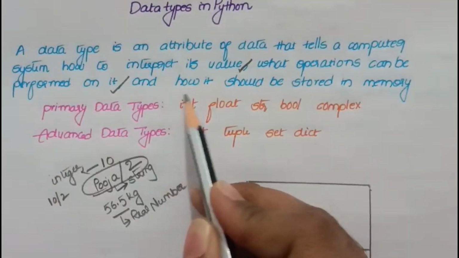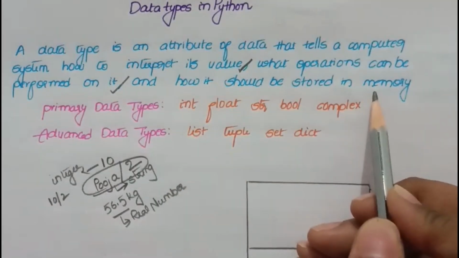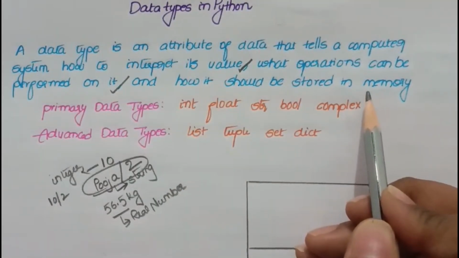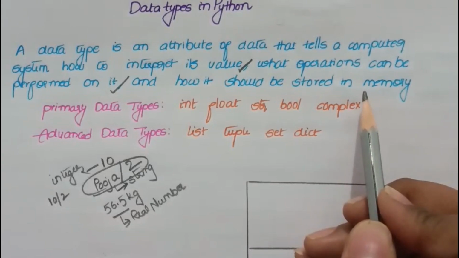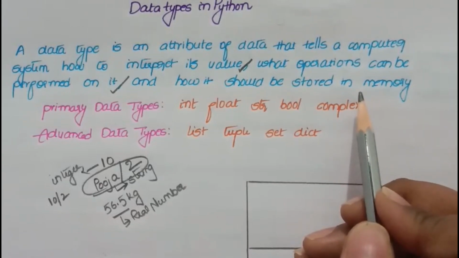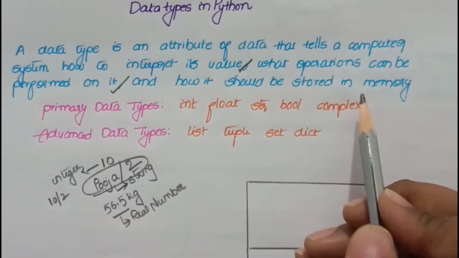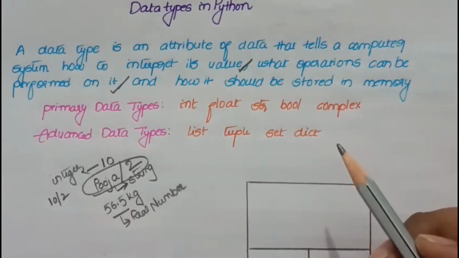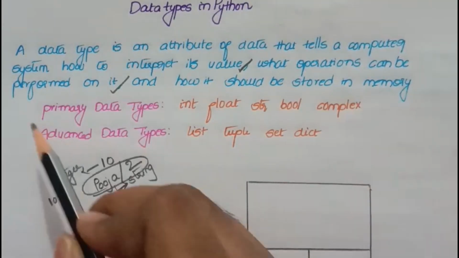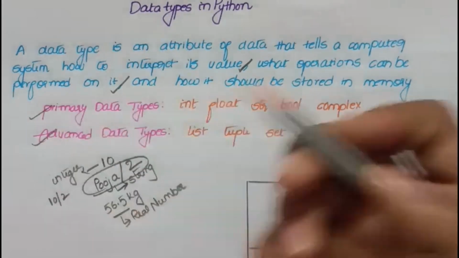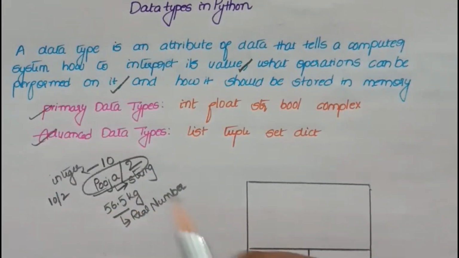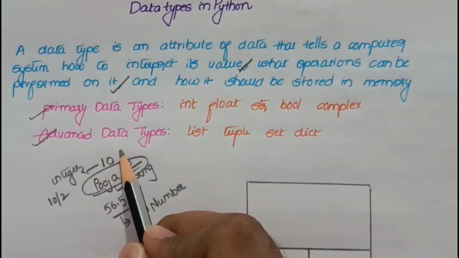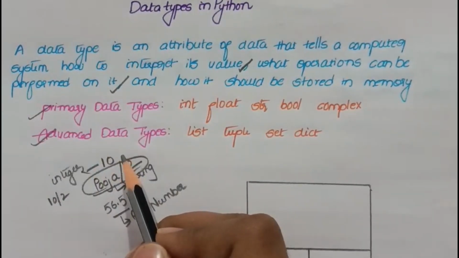And finally, how it should be stored in memory, how that value should be stored, and how much memory the system should allocate is defined by the data type. In Python, there are two types of data types: primary data types and advanced data types. Advanced data types are like a collection of values.